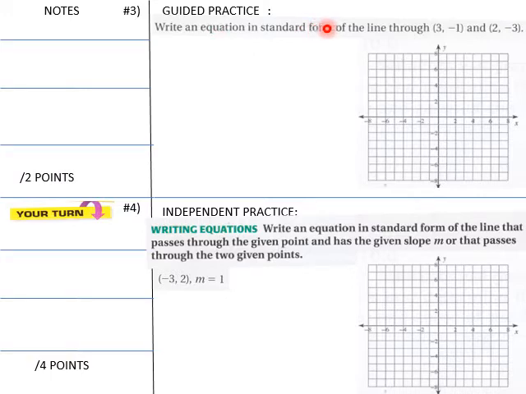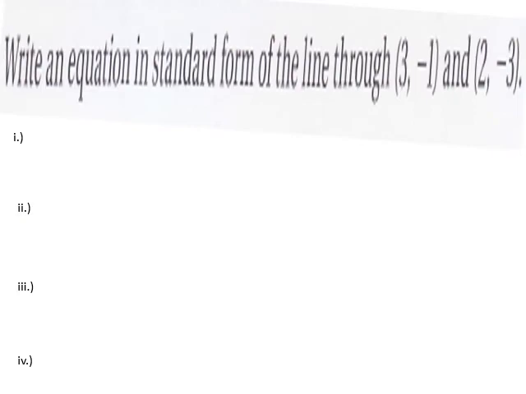Okay, write an equation in standard form of the line through (3, negative 1) and (2, negative 3). Students, write an equation in standard form for this. Okay, guided practice.